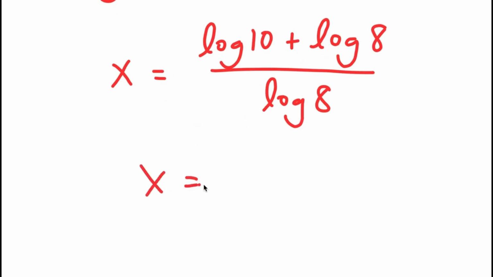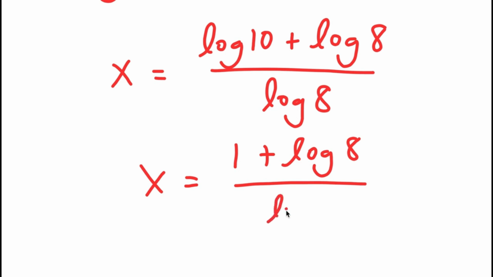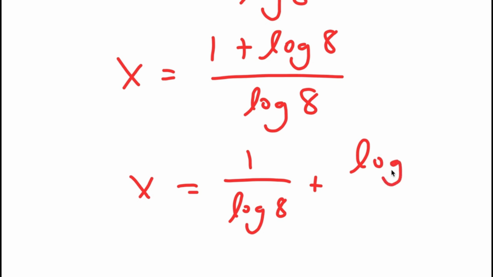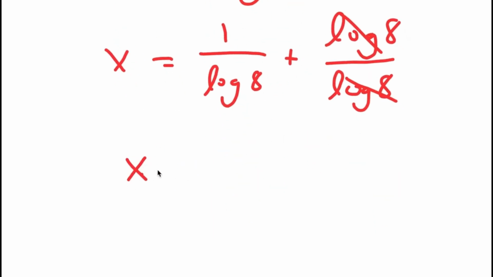So I get x is equal to 1 plus log 8 over log 8. Now, this is the same thing as 1 over log 8 plus log 8 over log 8. And log 8, these two cancel out, so I'm left with x is equal to 1 over log 8 plus 1.